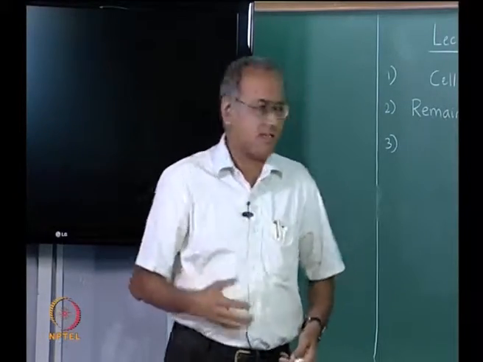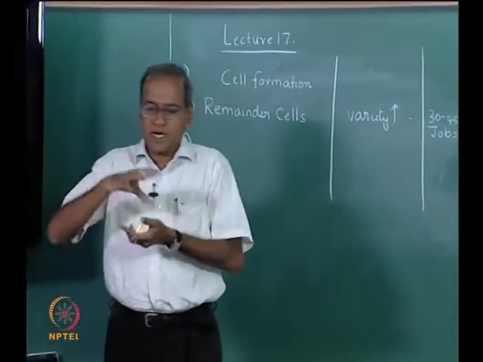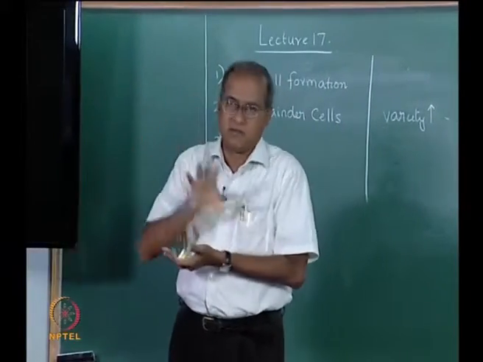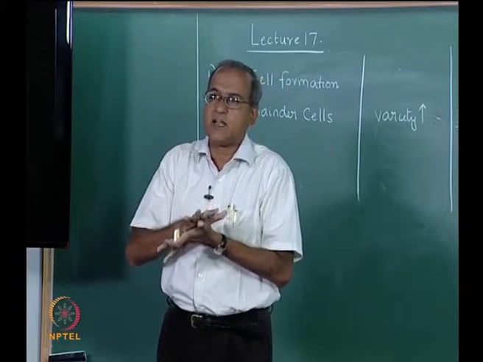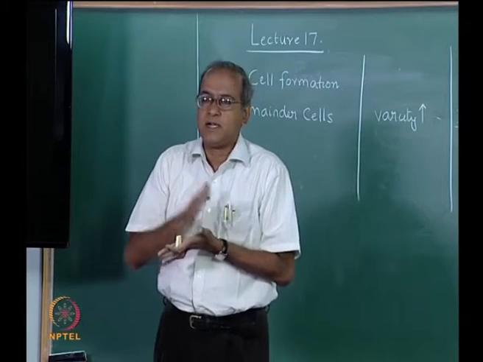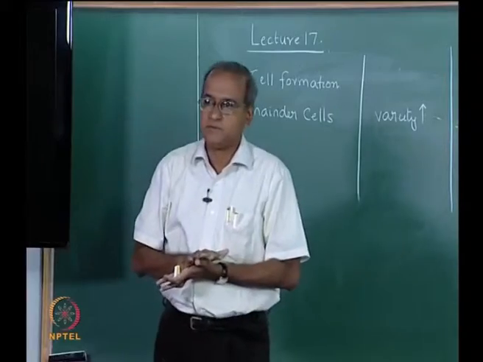The only difference is that the service cell or the remainder cell will look at each of these cells with equal importance, and since it does not have any part ownership, it will not treat any part as something coming from outside.